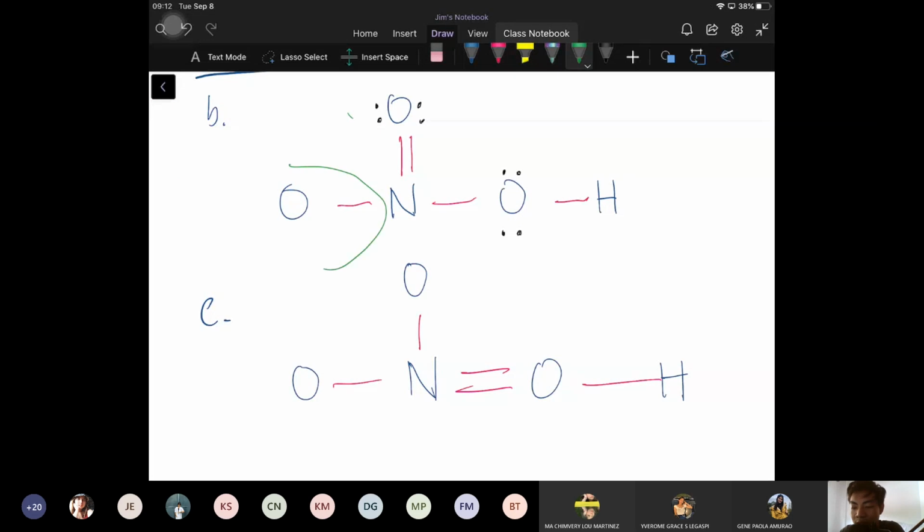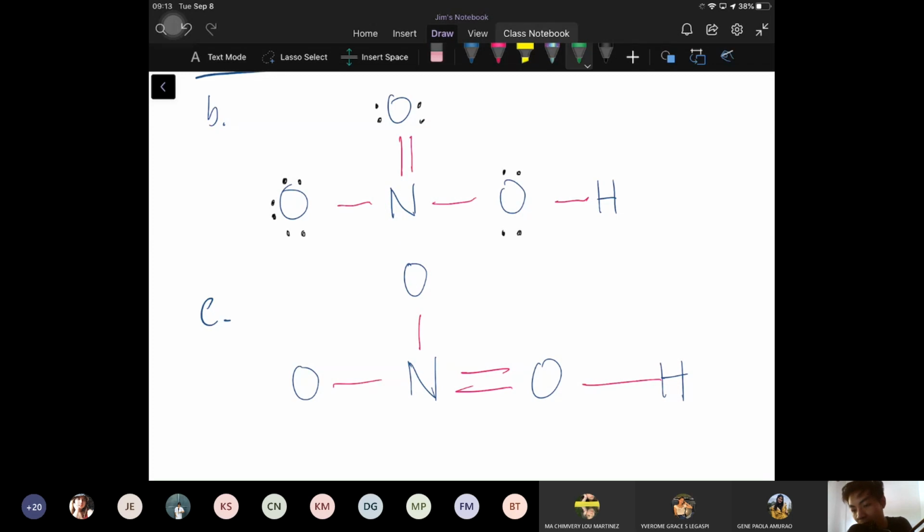For this oxygen, ilang lone pairs? 3 po. 1, 2, 3. Okay, so may 3 lone pairs and 1 bond. So, 2, 4, 6, 8. So, we consumed all the lone pairs na. And we're done.